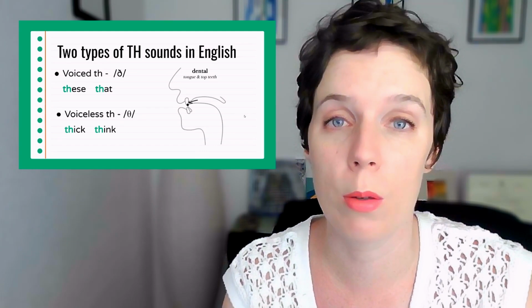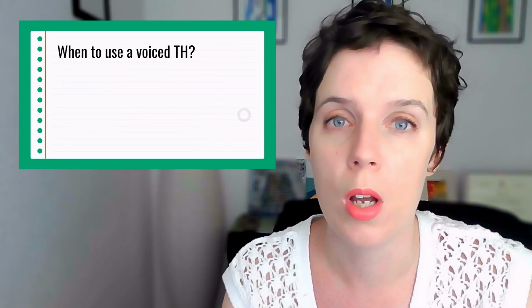Your tongue is right in the middle of your bottom and your top teeth, and then you just blow air through it. My tongue is pressing against my top teeth a little, but it's still in the middle of it. Think, thick, these, that.